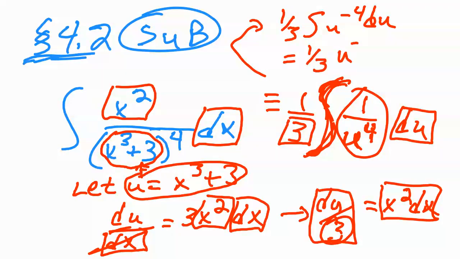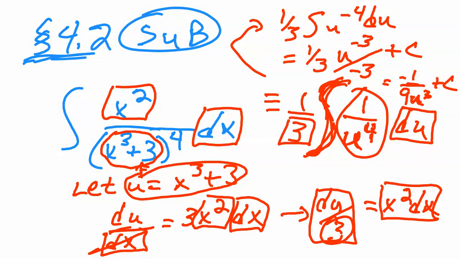So if I add 1, -4 plus 1 is -3, divided by -3, and then plus c. So this ends up equaling -1/9 u to the -3rd. So I'm going to drop that down and make it positive: -1 over 9u cubed plus c for the antiderivative.